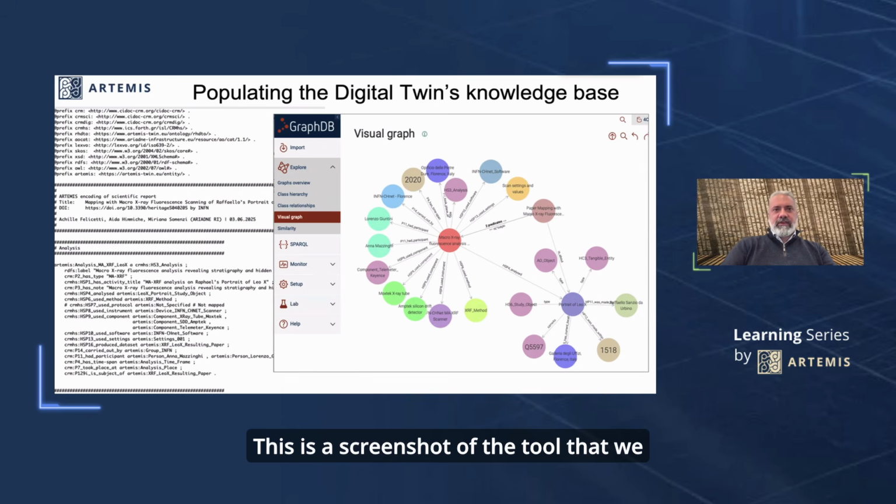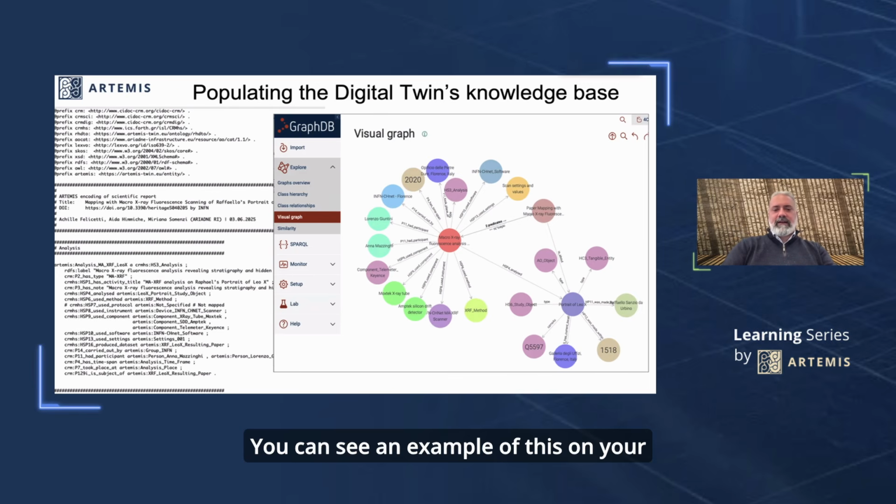This is a screenshot of the tool that we have chosen to implement this model, GraphDB, which is a powerful semantic database which constitutes the true engine upon which the knowledge base is built and which constitutes the heart of our digital twins. In particular, GraphDB is able to interpret the semantic language in which the data is expressed.